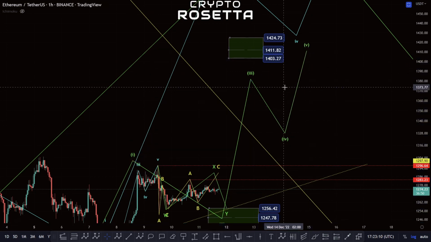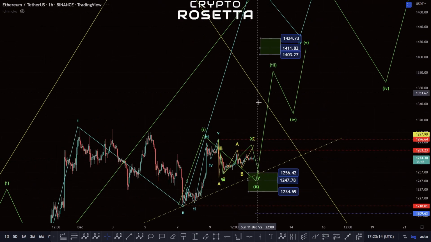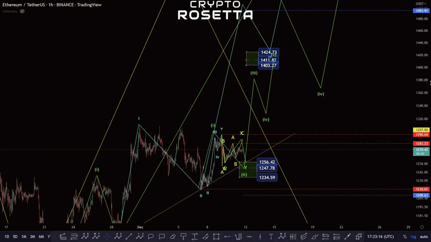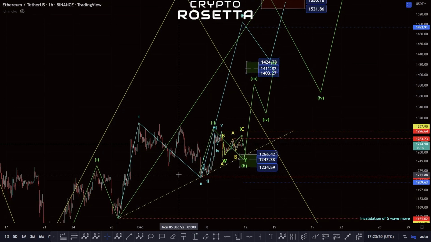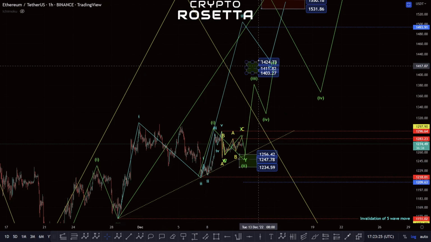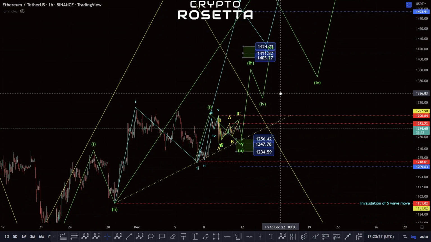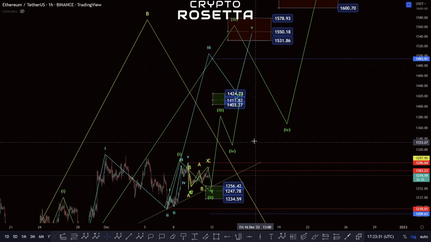So if that's the case, we can see this would fall short of this impulsive trigger for this wave 3. It wouldn't invalidate it as such, but we would then need to start seeing how this reacts from that point, because there wouldn't be much difference between this wave 1 and this wave 3, so it's probable that it's actually just a corrective structure and it's going to look to break down.